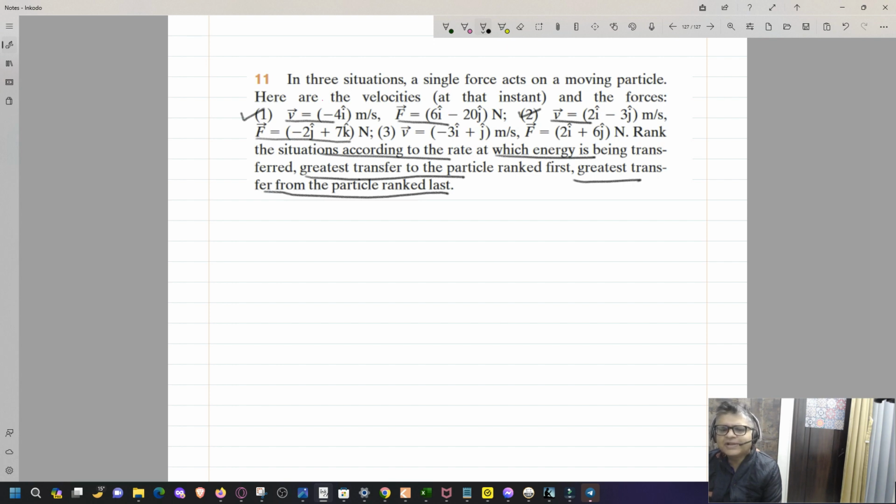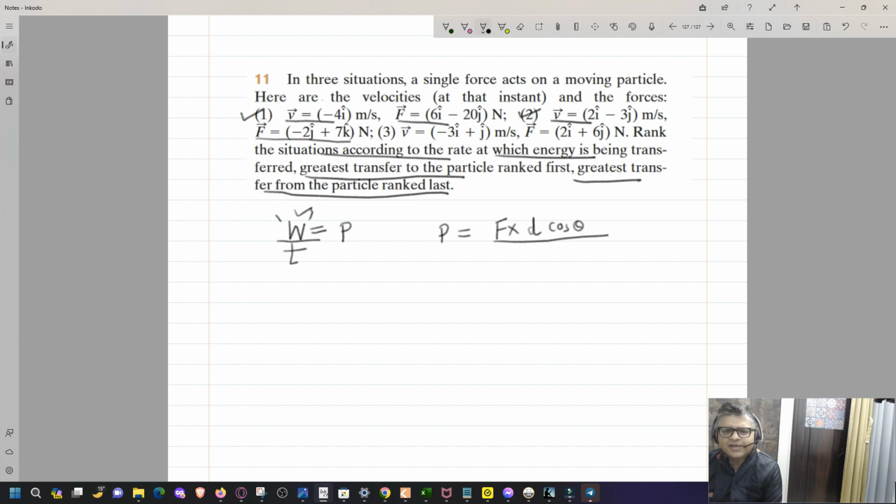For your information, as we discussed at the start of this video, work done is the concept, and when we take the rate of work done, this becomes power. But the other way to express power is this. Work is force into cos of the angle between them, right?